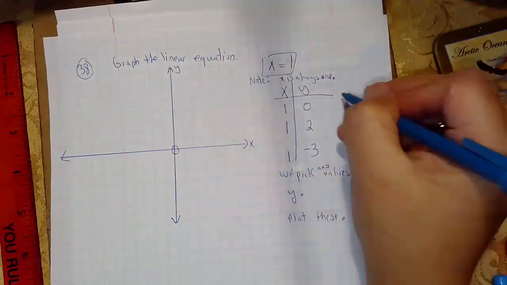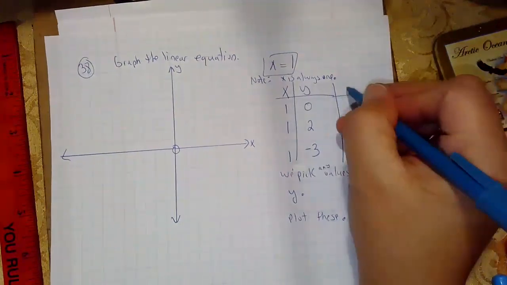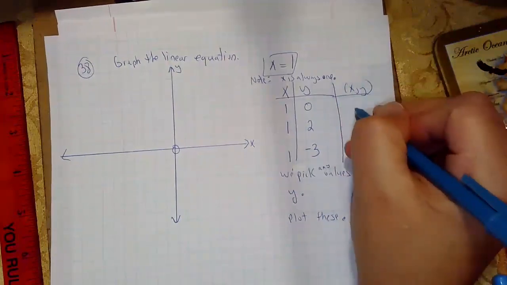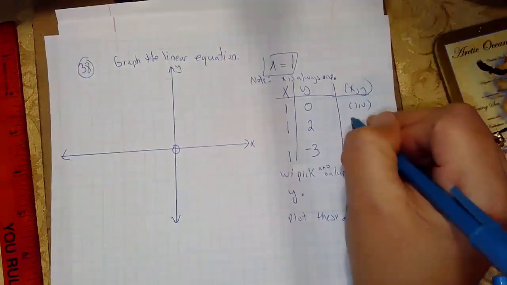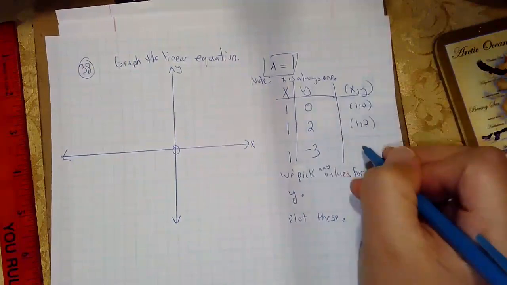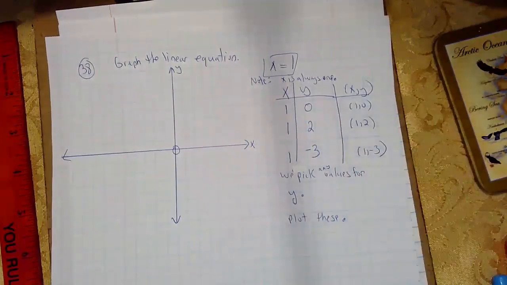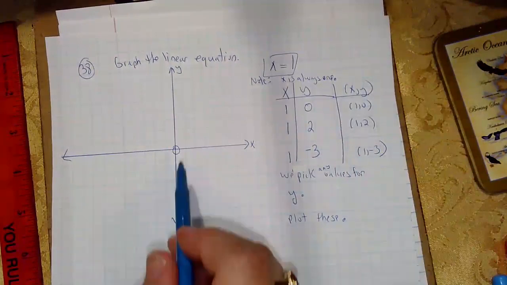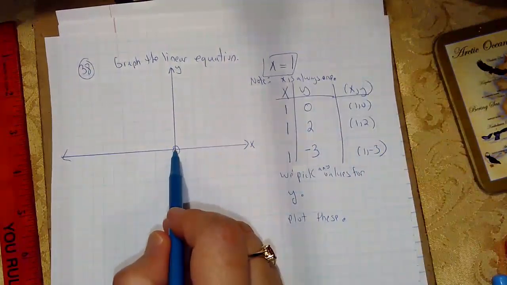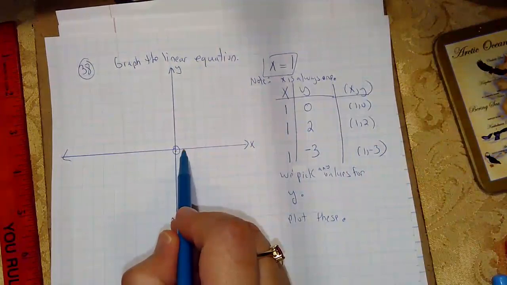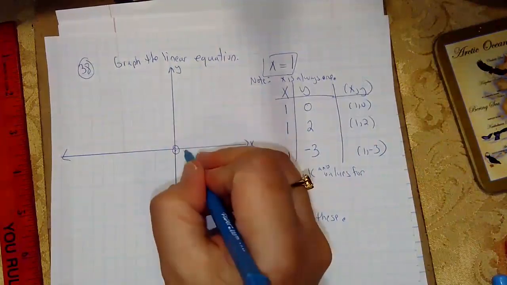So these, x, y, are 1, 0, 1, 2, and for example, 1, -3. So I'm going to plot them. I'm at 0, 0, and x is 1, so I go to the right, and then y is 0.